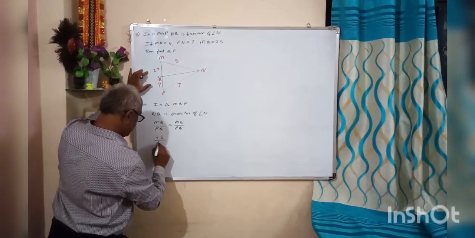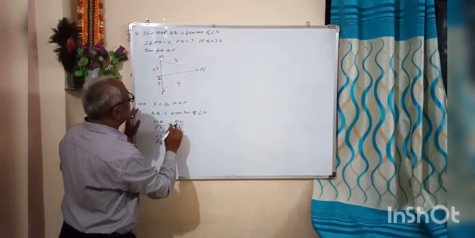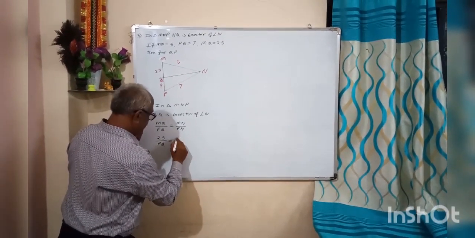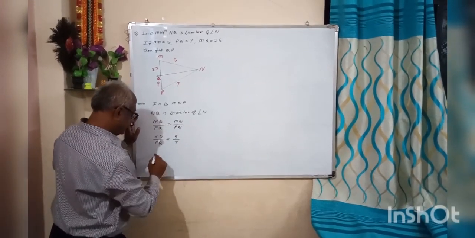PQ we are going to find, which is equal to MN, that is 5, upon PN, which is 7.